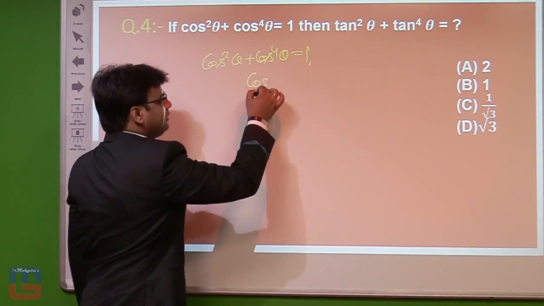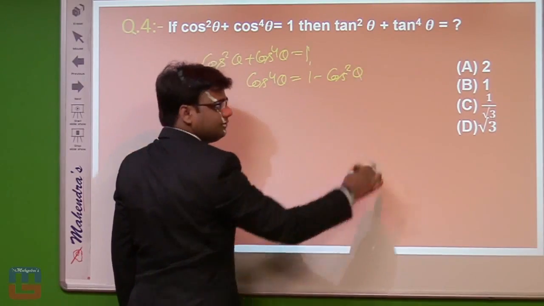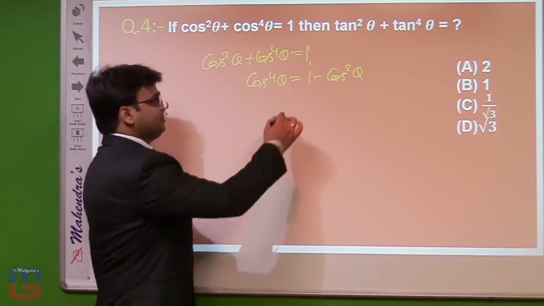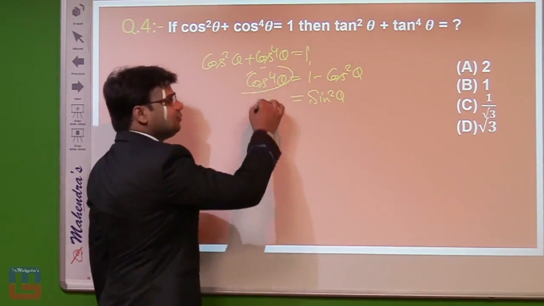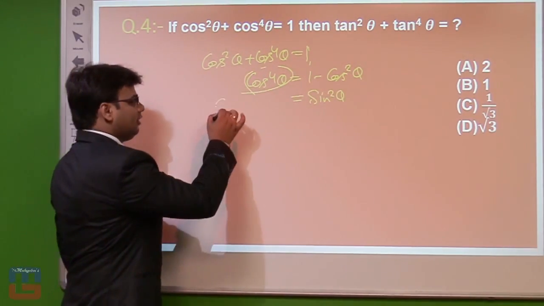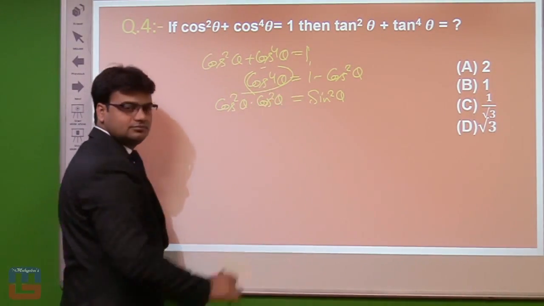Cos to power 4 theta is equal to, we write as 1 minus cos square theta. 1 minus cos square theta we know as sin square theta. Cos to power 4 theta we write as cos square theta into cos square theta.